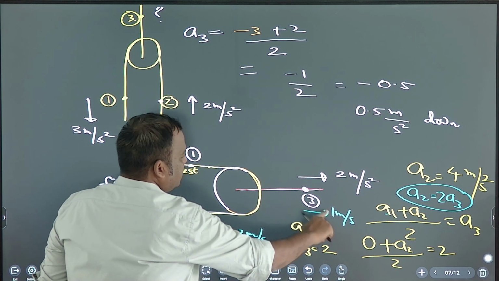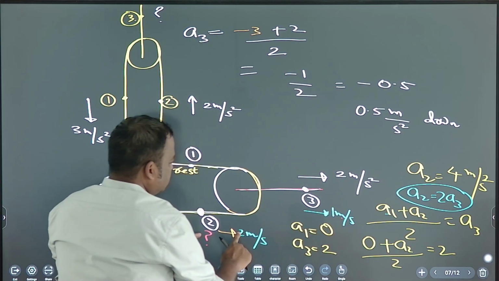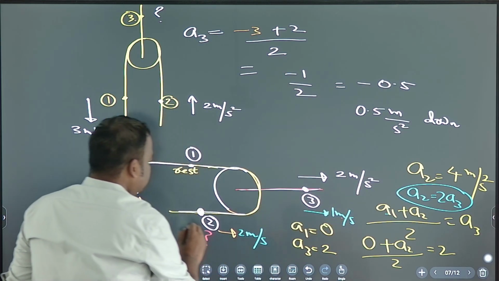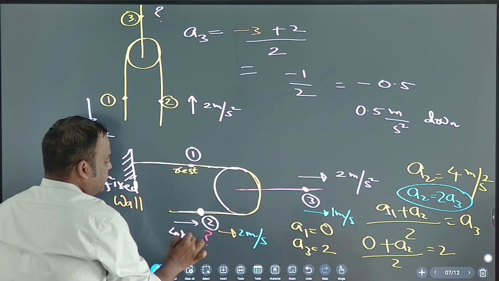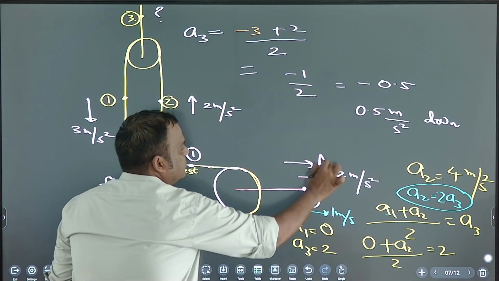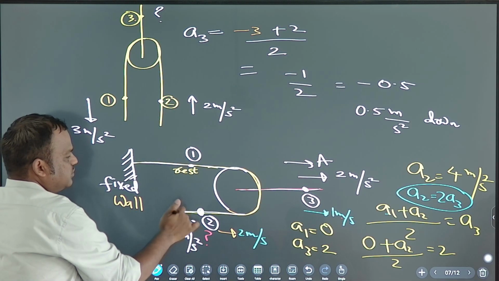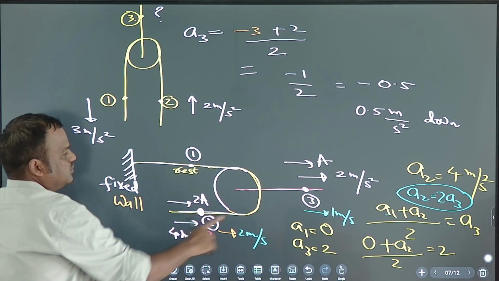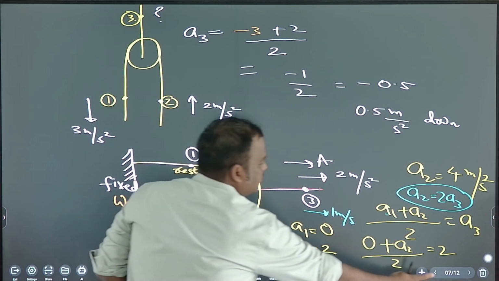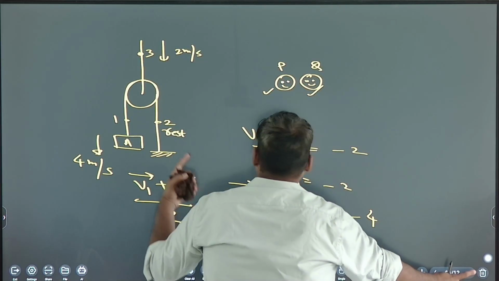If this is going with 1 meter per second, this is going with 2 meter per second. If acceleration is 2 meter per second square, here acceleration will be 4 meter per second square. So the acceleration of this point is A. So what is the acceleration of this point? 2A. This is at rest. This is A, so this is 2A. Correct? So let's go back there.